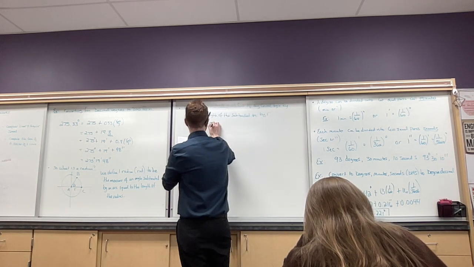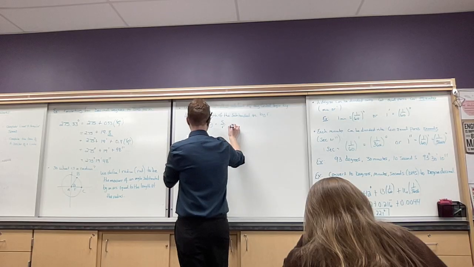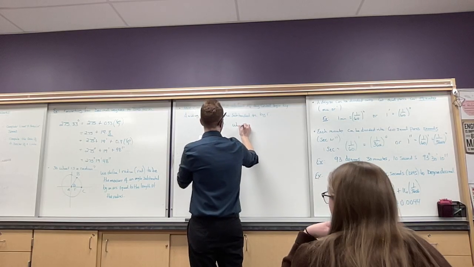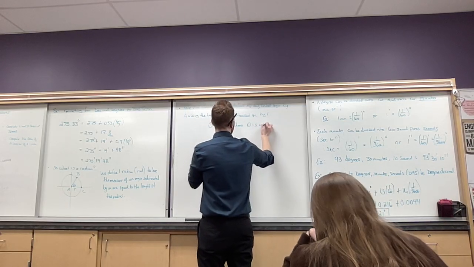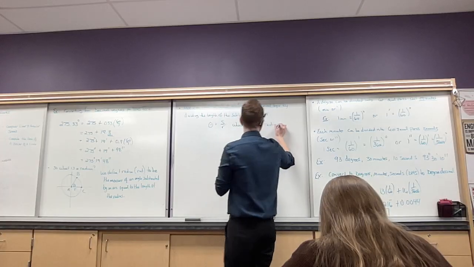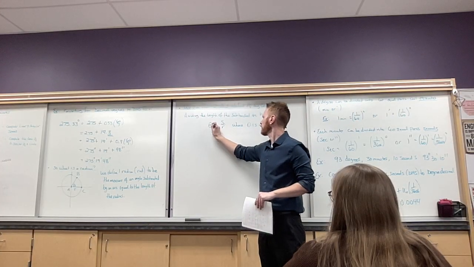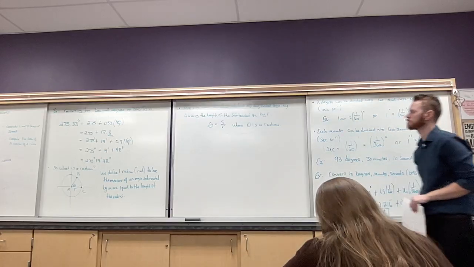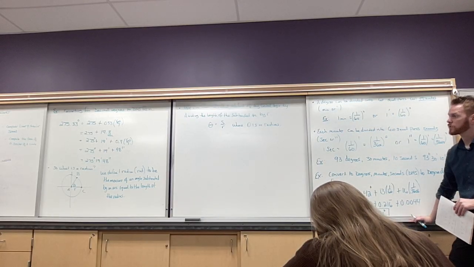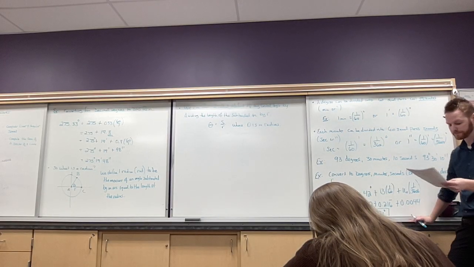So, in other words, theta is equal to s over r, where theta is in radians. Let me make that theta a little bit better. So that's what it's telling me, just how many of those fit inside of there.